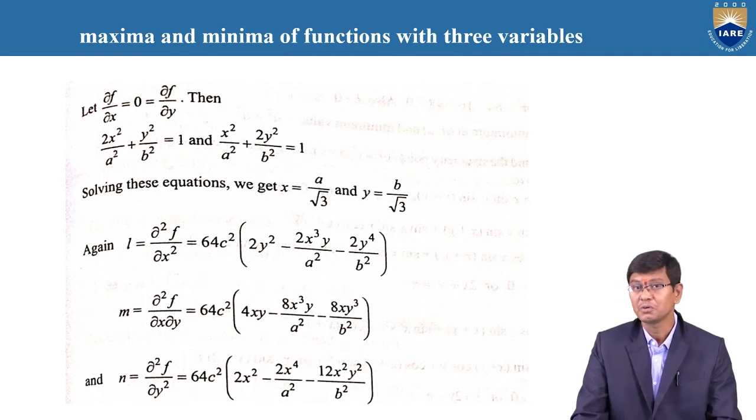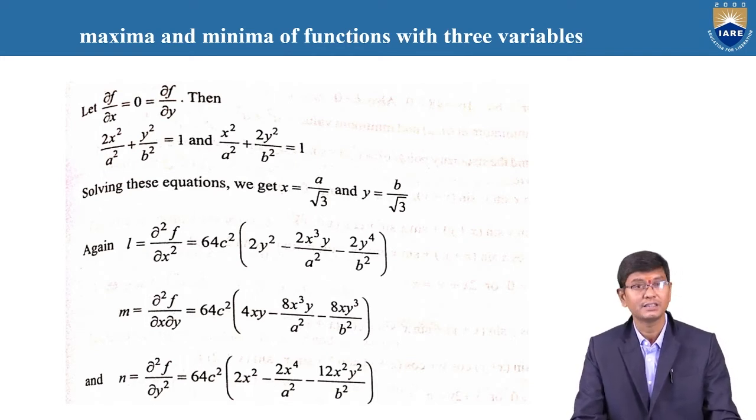By using these equations, dou by dou x and dou by dou y, according to the working rule, we need to equate them to 0. That is nothing but one equation, 2x square by a square plus y square by b square is equal to 1, and the other equation, x square by a square plus 2y square by b square is equal to 1.